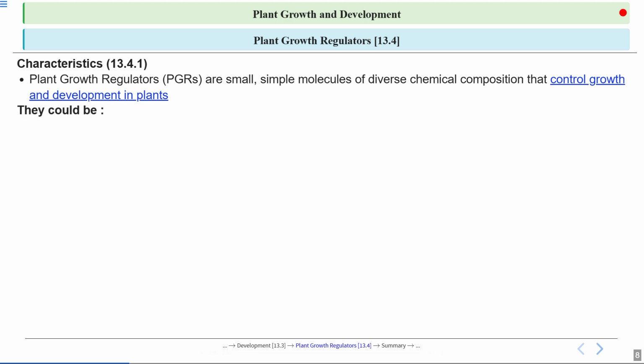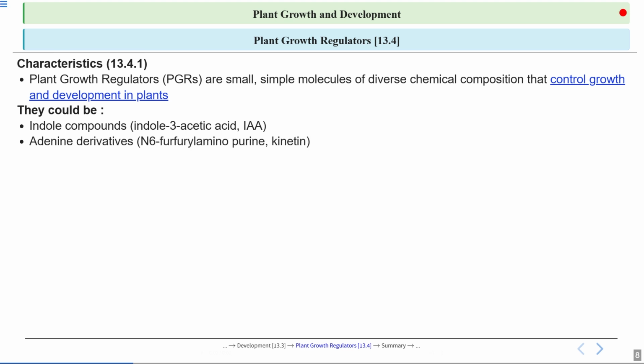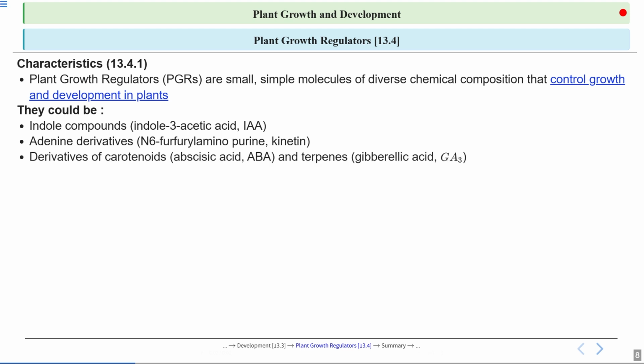So they could be indole compounds, a very important one being indole-3-acetic acid, abbreviated as IAA. Second, adenine derivative, N6-furfurylaminopurine, commonly called kinetin. Derivative of carotenoids, abscisic acid, and terpenes, that is called gibberellic acid.